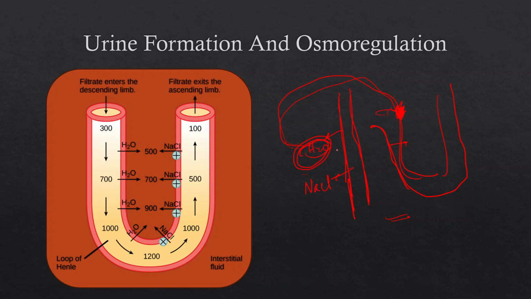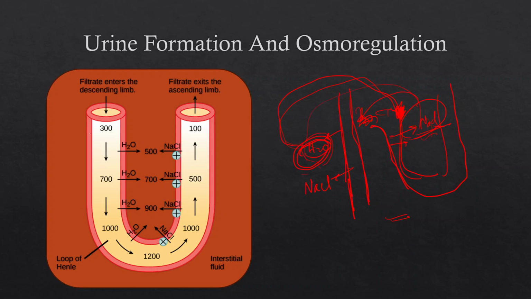This water which is here goes into the interstitium, and NaCl which is there in the blood also goes into the interstitium. This NaCl enters into the urine, and this water enters into the vasa recta.